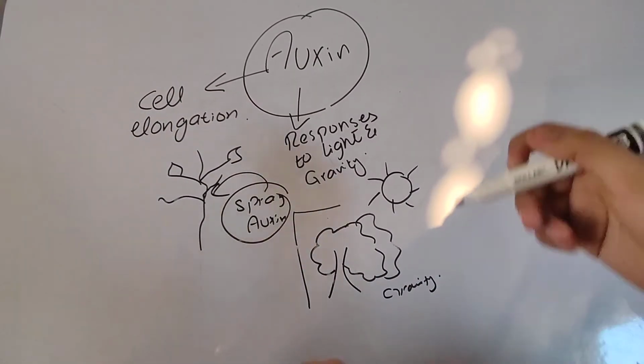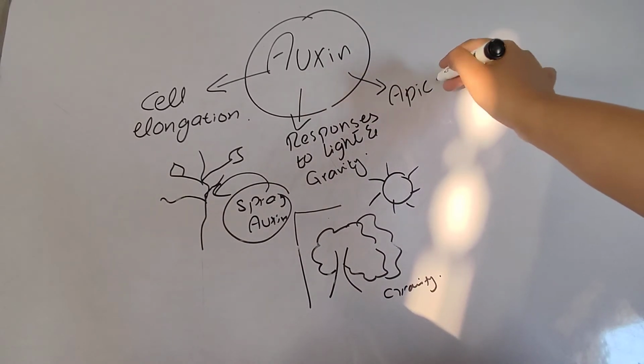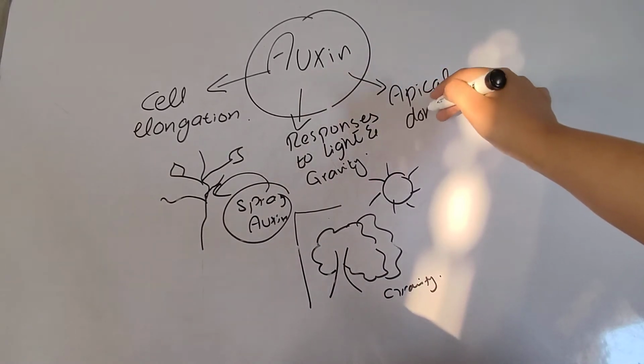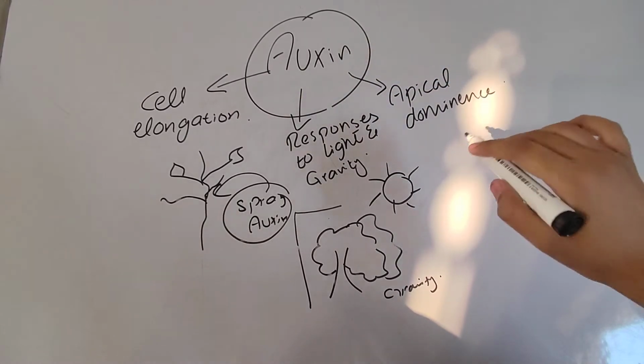The third point is apical dominance. Now, what is apical dominance?